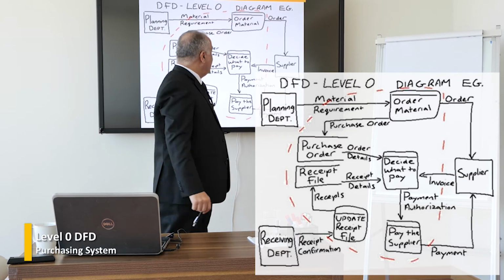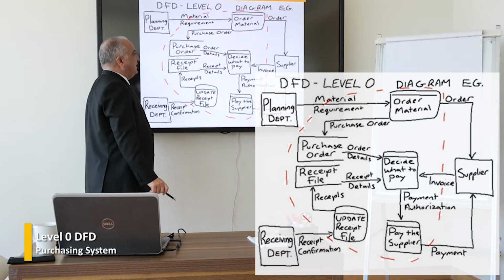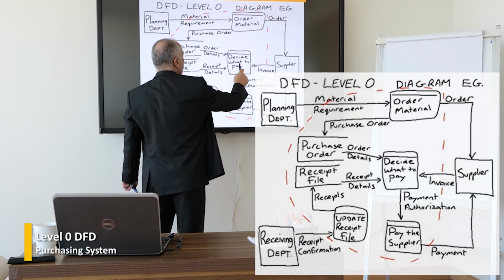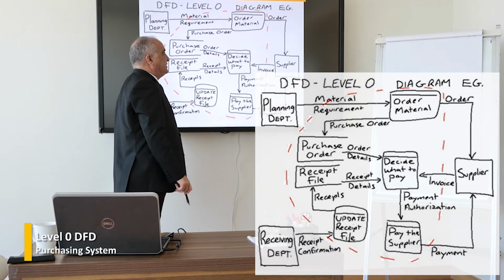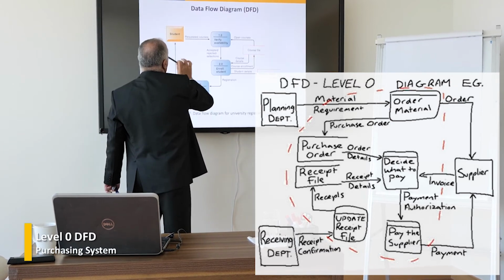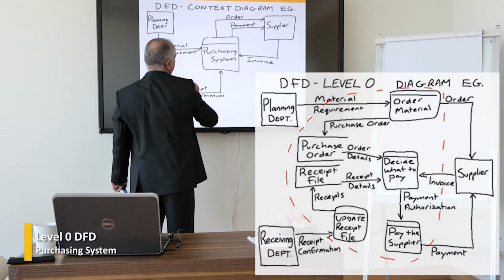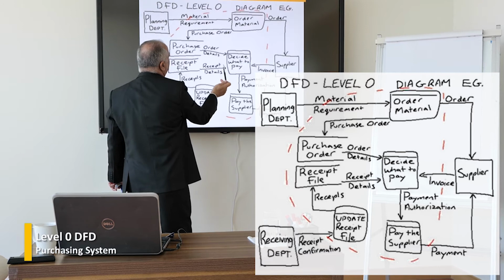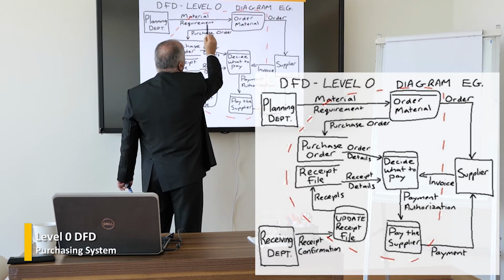So now let's understand how many processes we have. 1, 2, 3, 4, in this sequence. Well, the planning department, if you remember, is requesting material, and in this case that is the planning department material request.